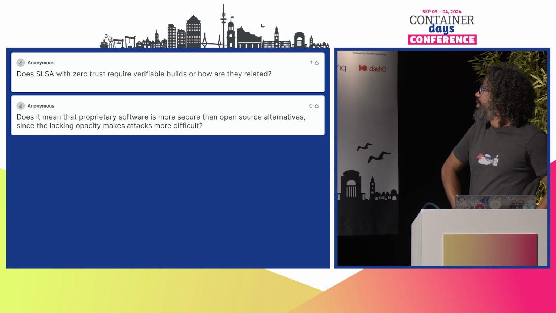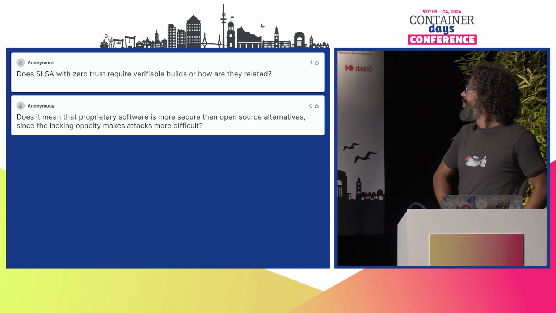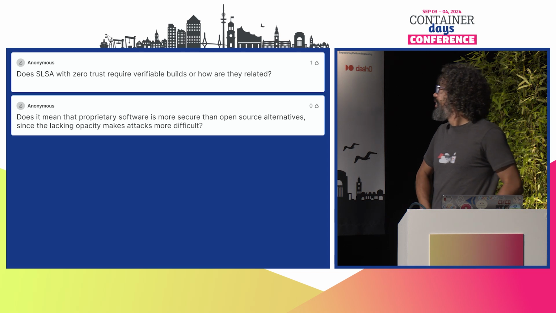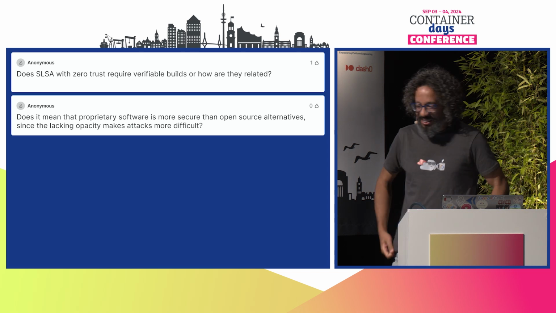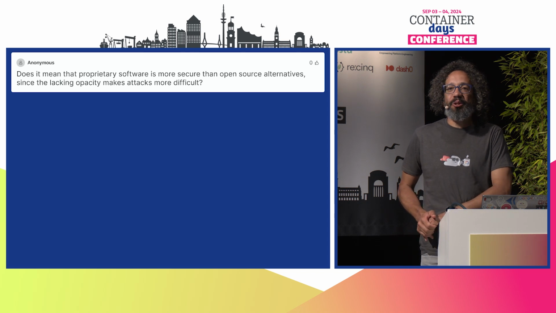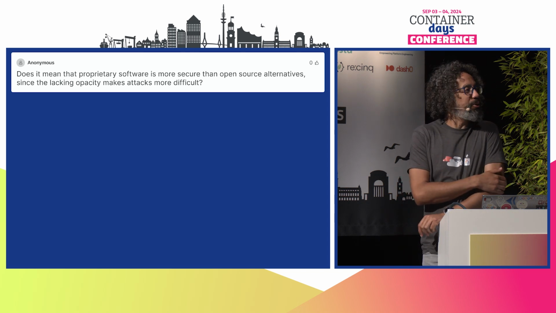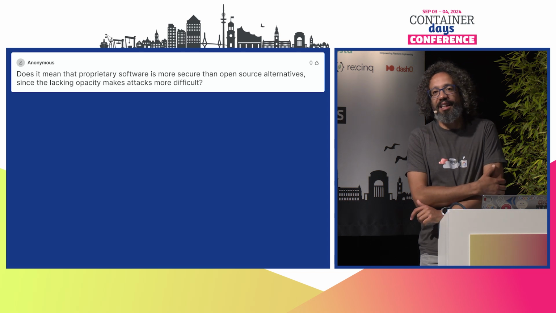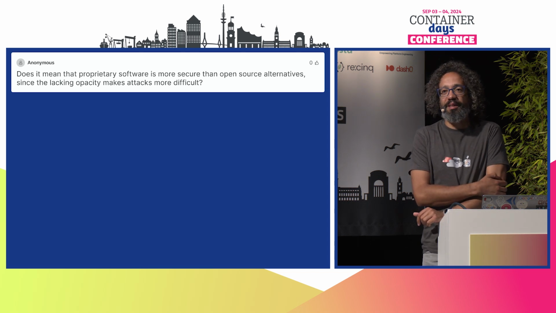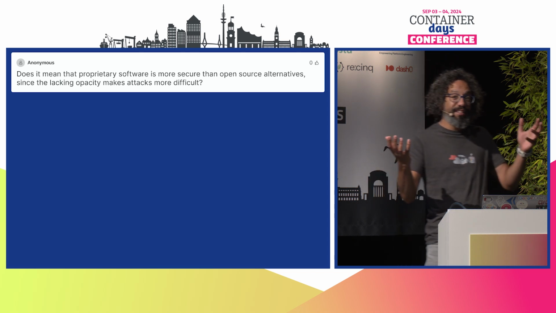Does it mean that proprietary software is more secure than open source alternatives, since the lack of openness makes attacks more difficult? No, because even proprietary software is built with open source. The reality is that the company that makes your proprietary software is also relying on open source software. And that was the purpose of the title, that our dependency on open source is scary, because everybody uses open source.